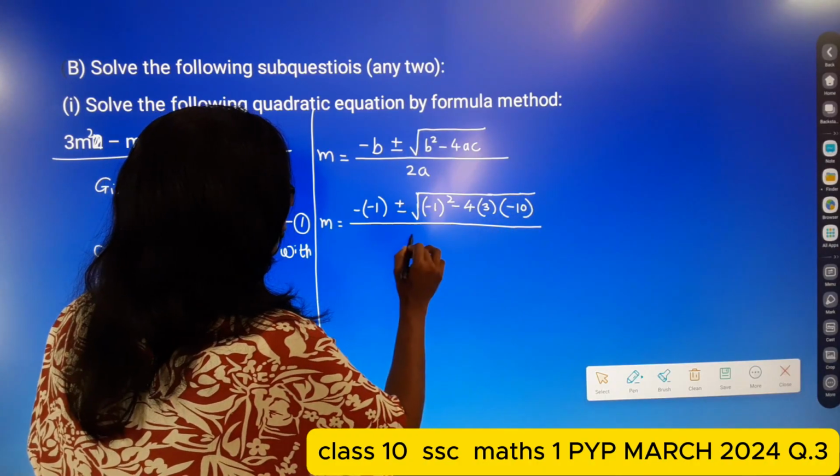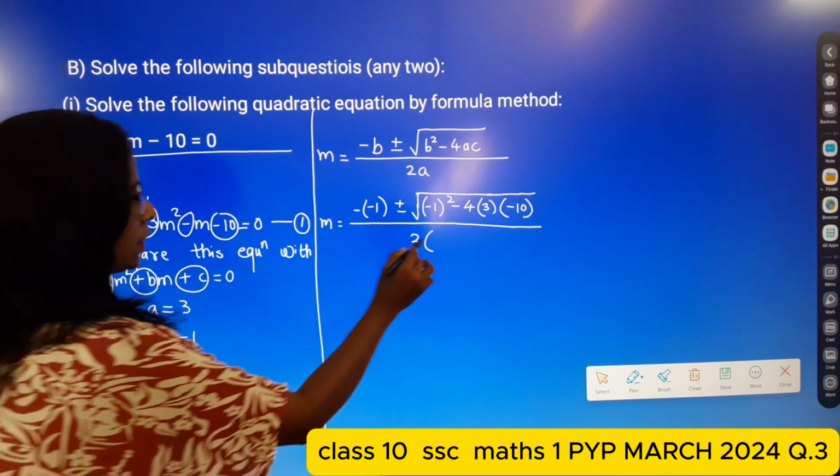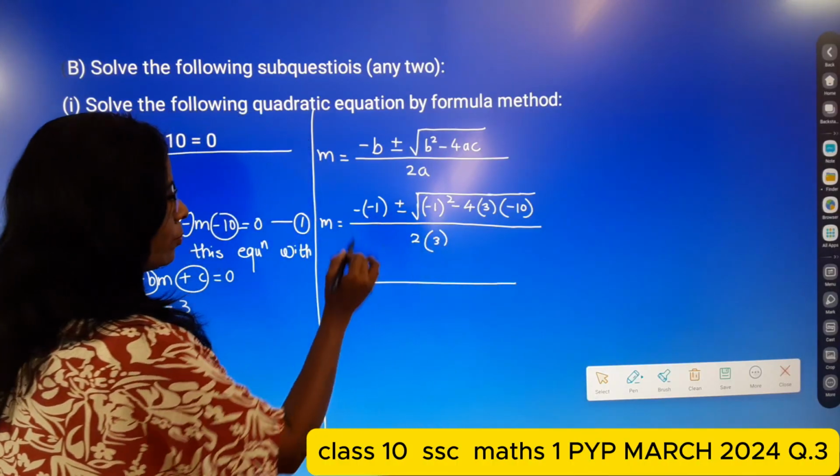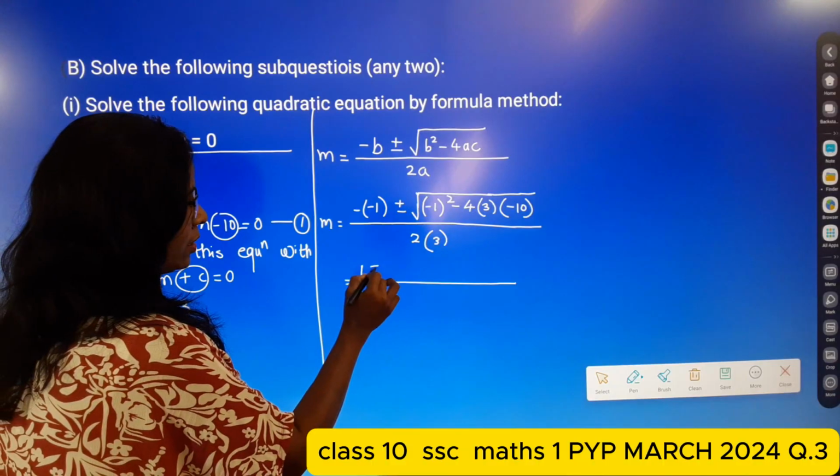Okay, students, and then 2 multiplied by 3. Now here minus of minus 1 is plus 1, so here 1, plus or minus.